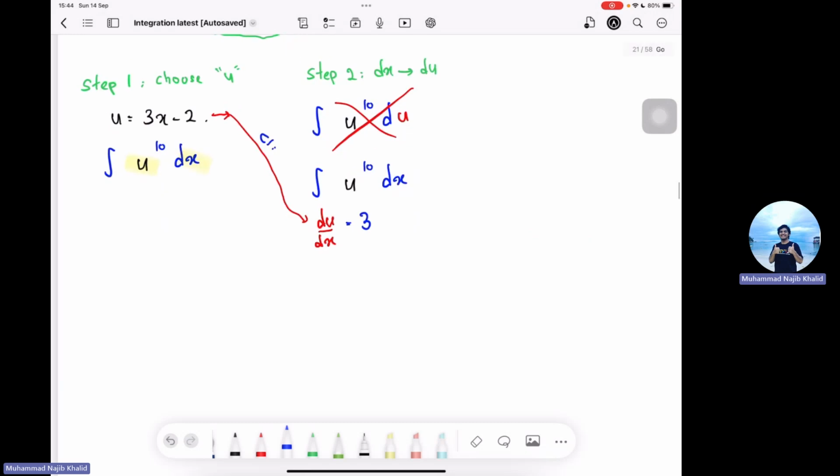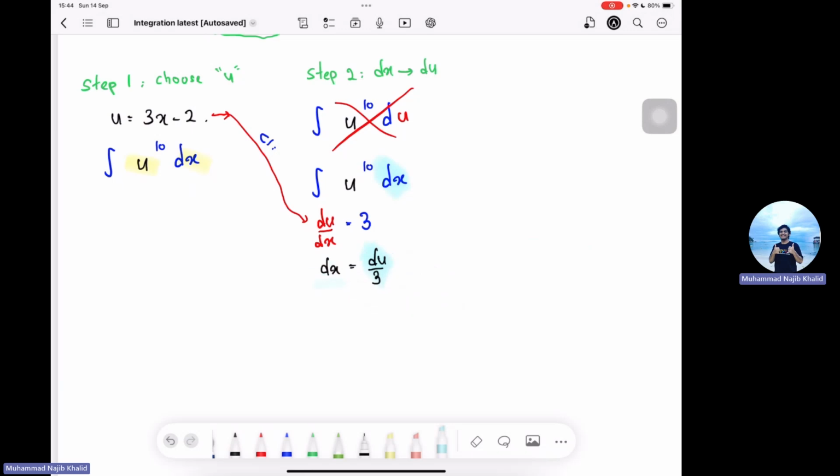Done. So, from simple algebra, we can make dx the subject. So we have dx is equal to du over 3. Now we can replace our dx here with du over 3.